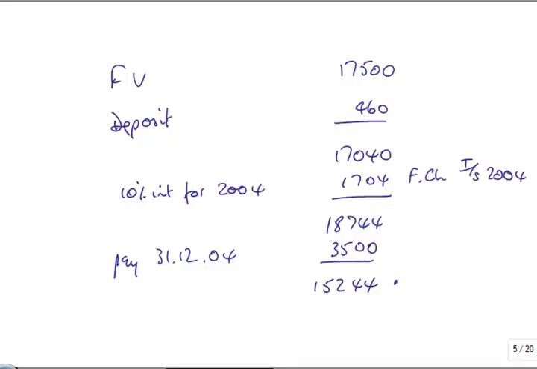That's the obligation at the end of the year. Okay, I've shown you the first year. Just continue it down into the next year. Just work out for me what is the interest for 2005, and therefore what's the obligation at the end of 2005.